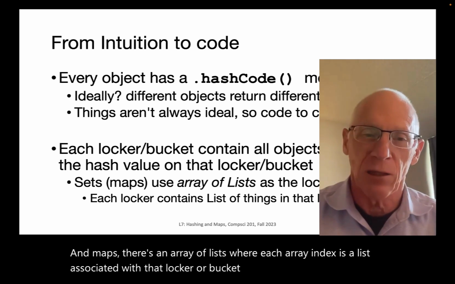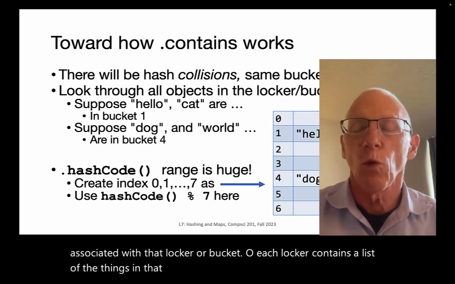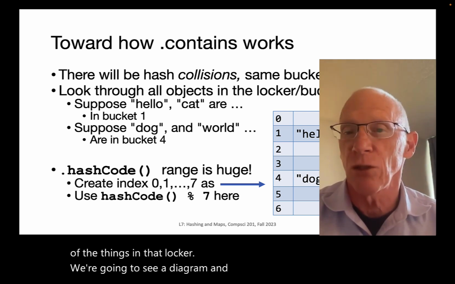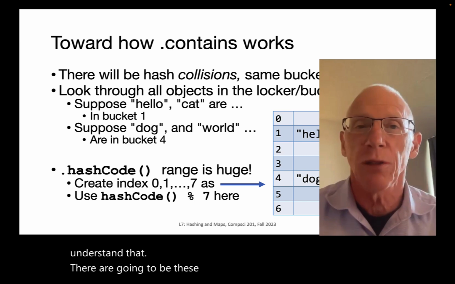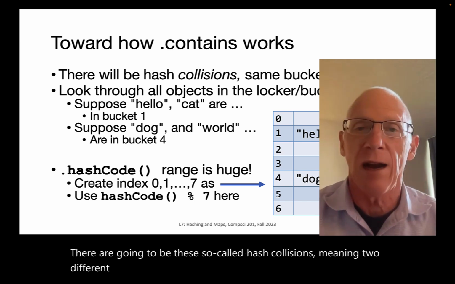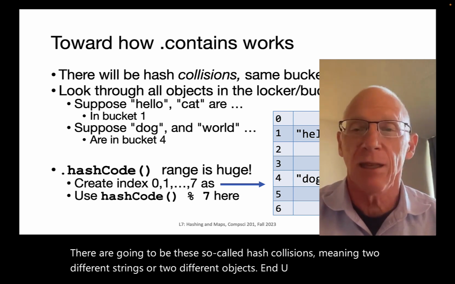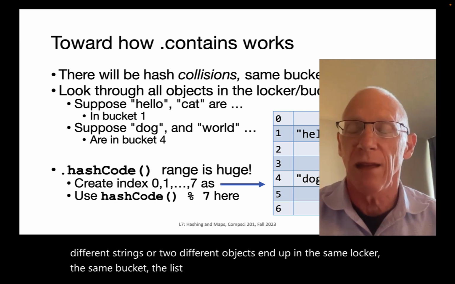So each locker contains a list of the things in that locker. We're going to see a diagram and some pictures to help understand that. There are going to be these so-called hash collisions, meaning two different strings or two different objects end up in the same locker, the same bucket, the list associated with that locker number.